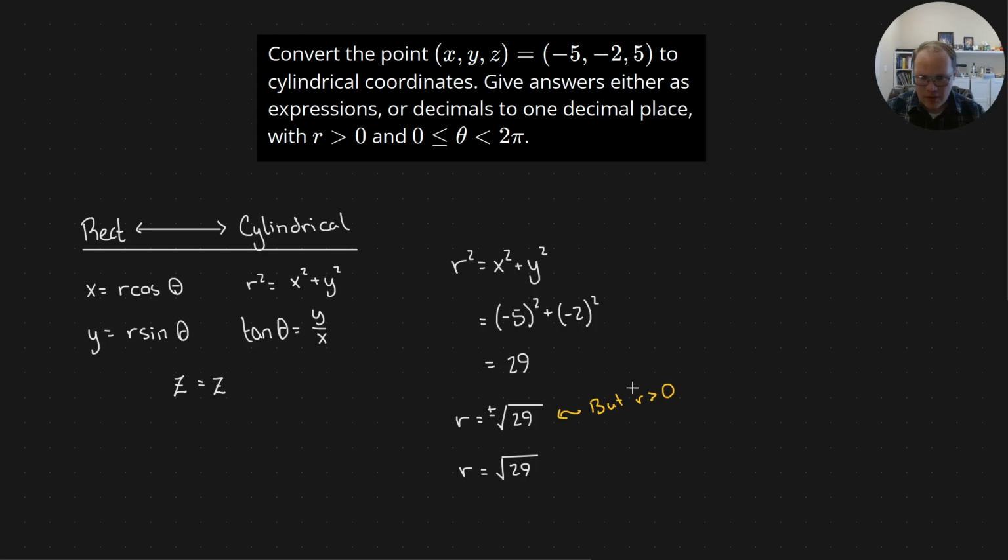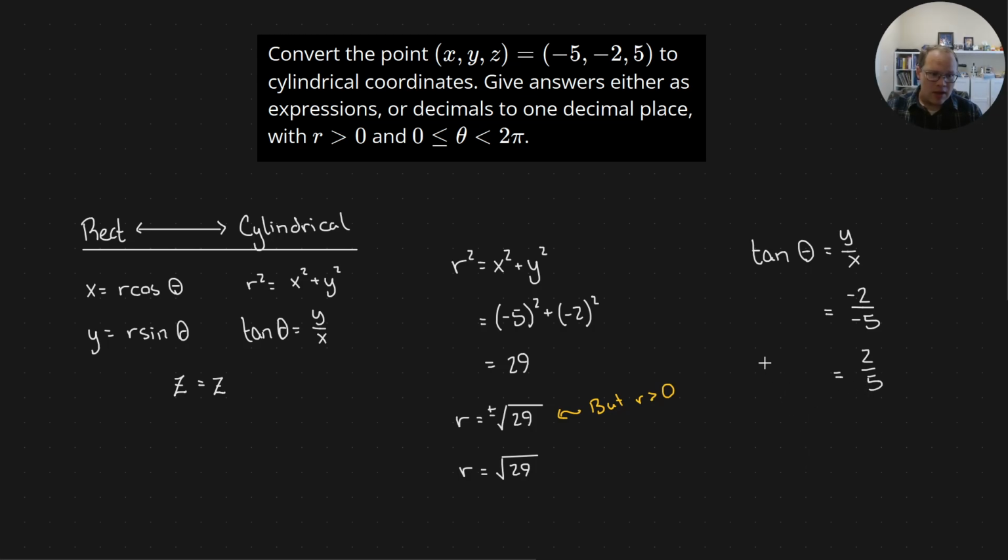Now let's find theta. Theta is the other tricky one. Theta is the trickiest value to find here. We want tangent of theta to be equal to y over x. So in this case, y over x would be negative 2 over negative 5, or if you cancel the negatives, 2/5.